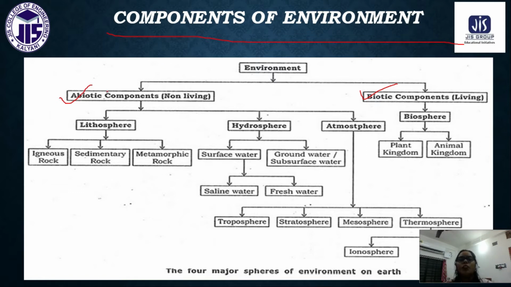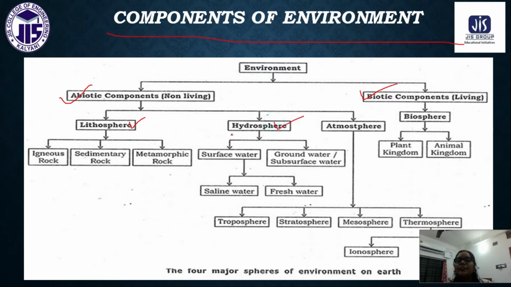Now, the abiotic component is again of three types. One is lithosphere. Okay, lithosphere, as I told you earlier, means all types of land resources, whatever rock, soil, land we have, that is called lithosphere. Next we have the hydrosphere.